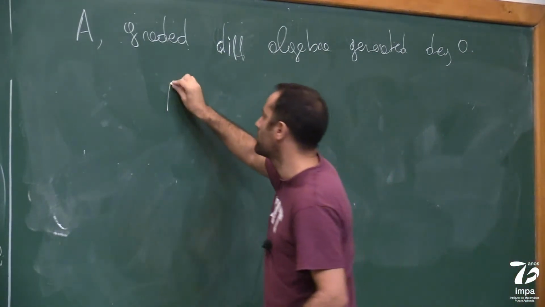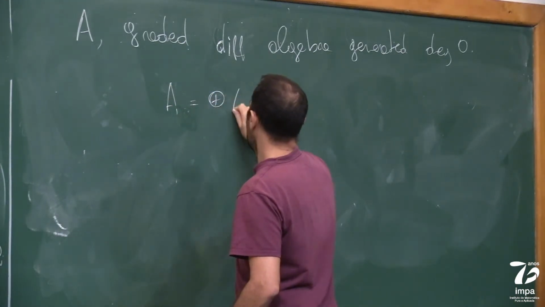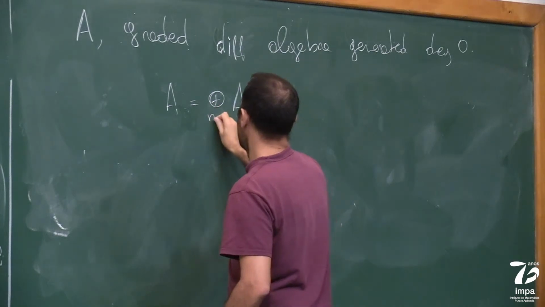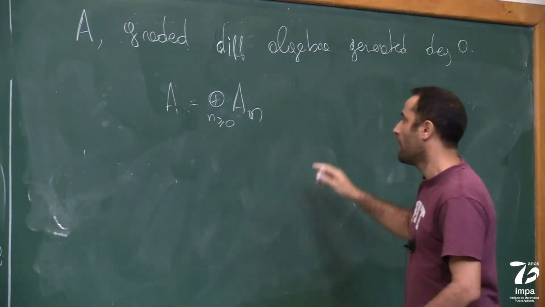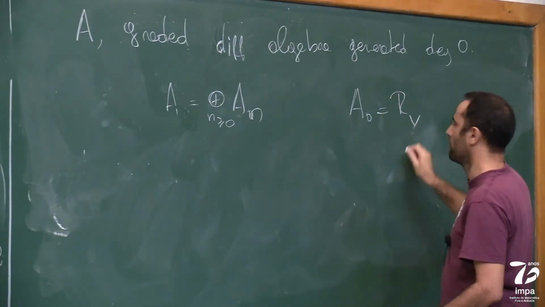So A is the sum of A_n, n bigger or equal than 0, and A_0, in this case, is RV.